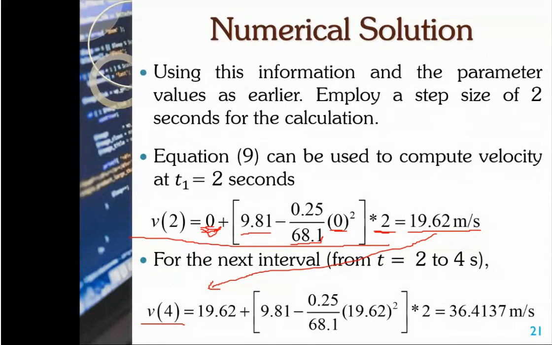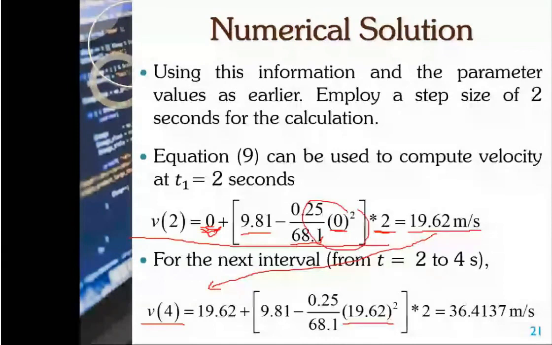We are going to use the immediate velocity which we just calculated, or the immediate parameter we are interested in. So in this case, this is going to be 19.62 plus the other parameters which remain constant. However, this velocity in here is going to change because we are going to use the immediate one. We are no more going to use this 0 again.